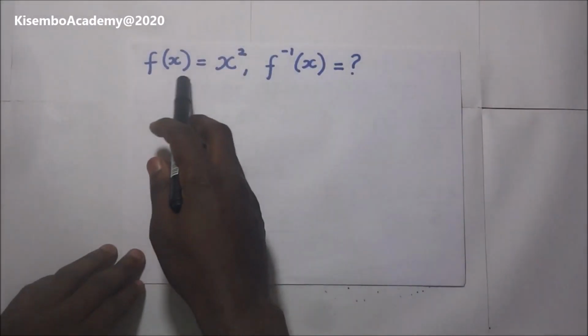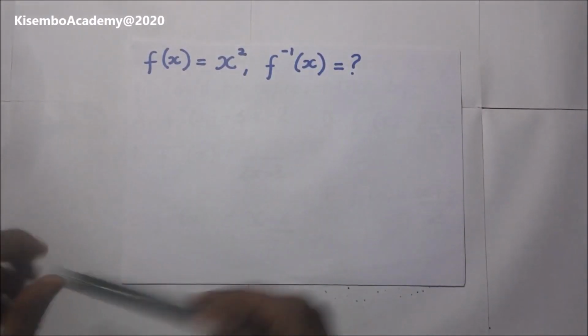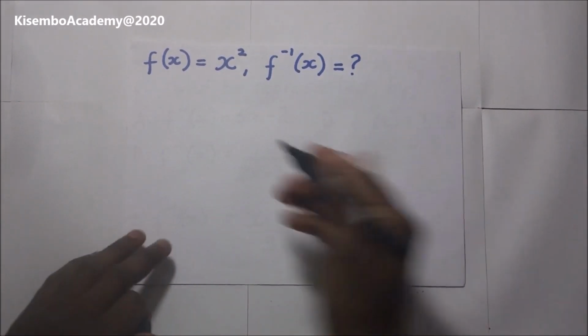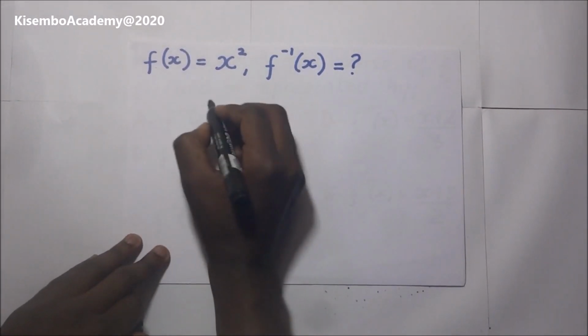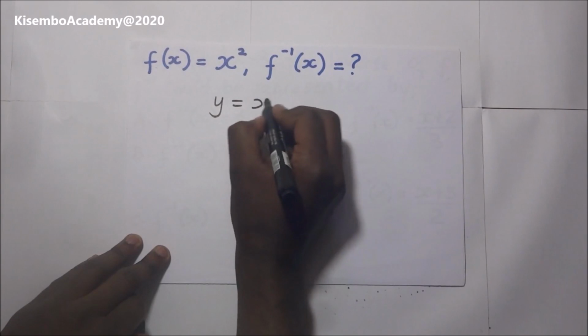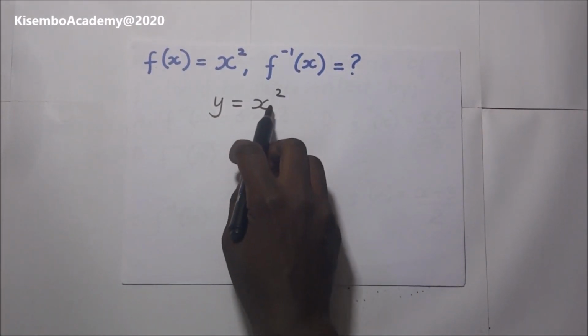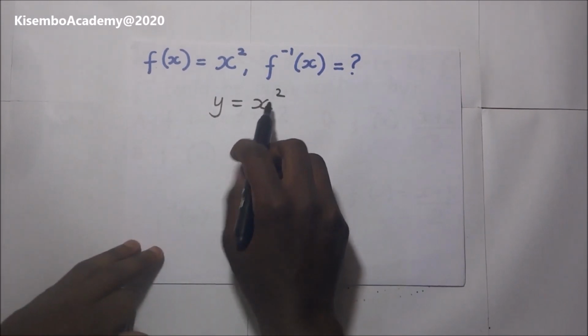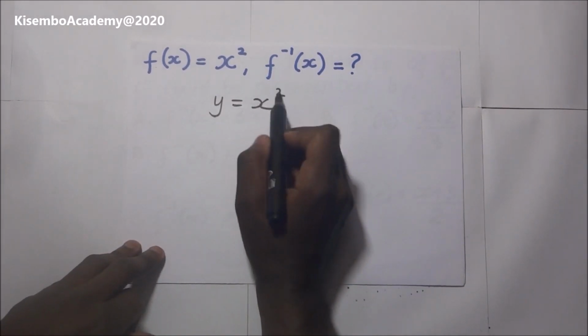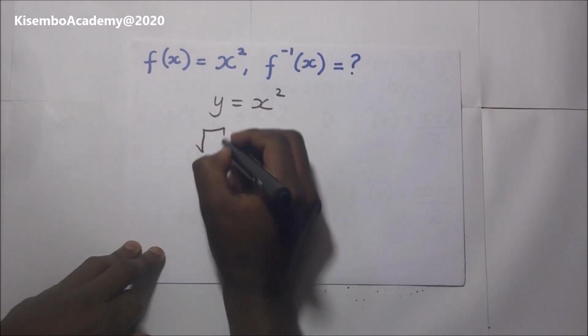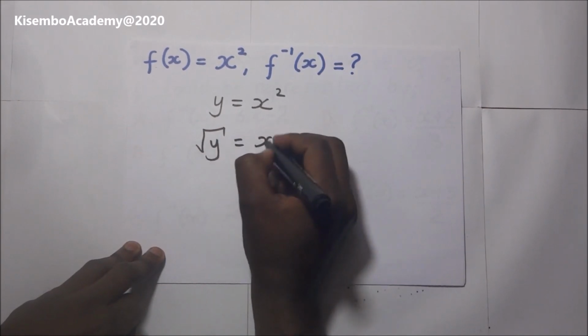We have f of x equal to x squared. What is the inverse? Again, let's call this y. y is equal to x squared. Our task is to make x the subject of the formula. Making x the subject, we eliminate this square. It becomes the square root of y equal to x.